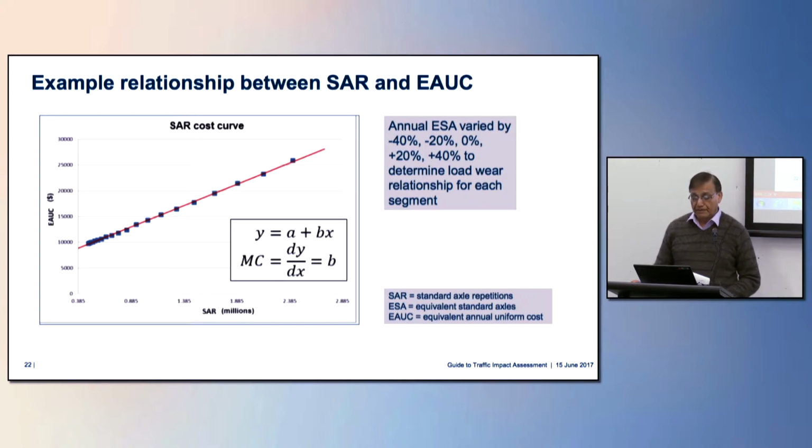So for each increment of SAR, standard axle repetition, there is an EAUC increment. That's what is called marginal cost: the increment as a result of the additional traffic impact due to development activities.